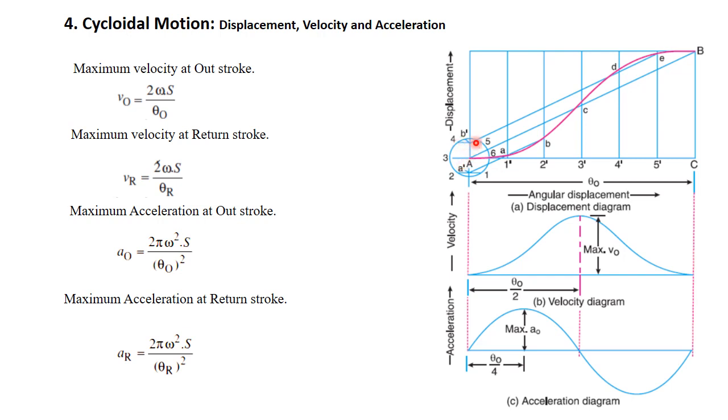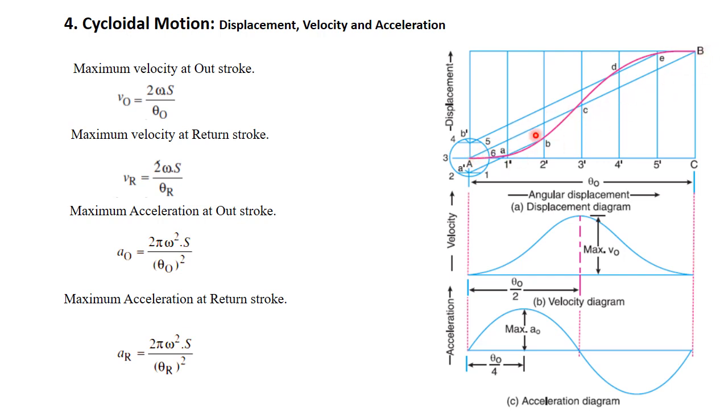Wherever these horizontal lines intersect the vertical lines, we mark those points: this is A dash, this is B dash, and this is capital A. After pointing out the positions of A dash, capital A and B dash, we join capital A with capital B.